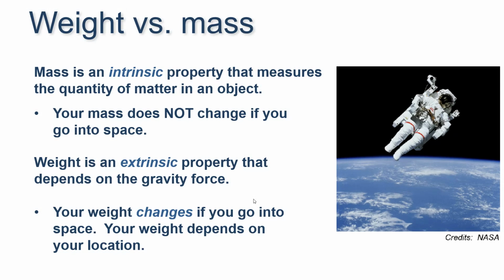On the moon, you would actually weigh 1/6 that of what you would weigh on Earth, because the moon is about 1/6 the mass of the Earth. It's a smaller object, not really a planet, but it's a moon, a smaller mass. It's about 6 times smaller than the Earth. Gravity on the moon is 1/6 of the gravity here on Earth.